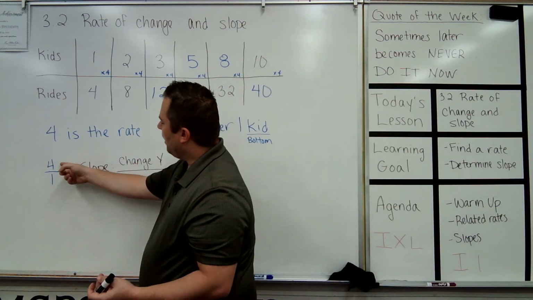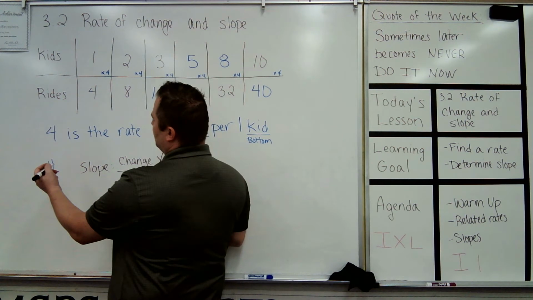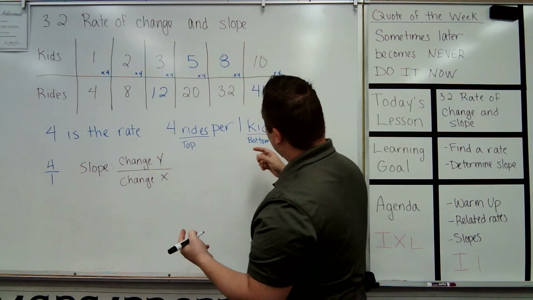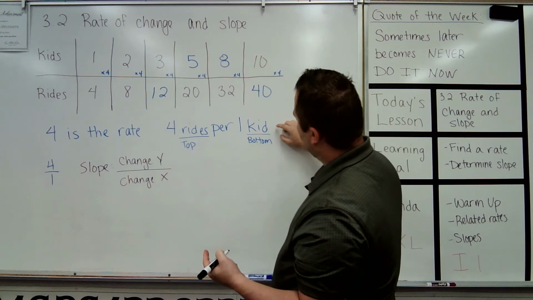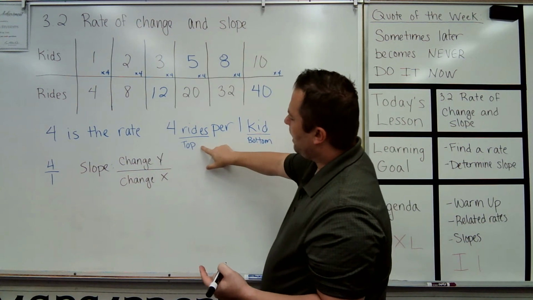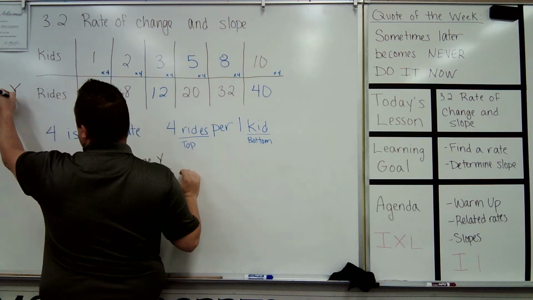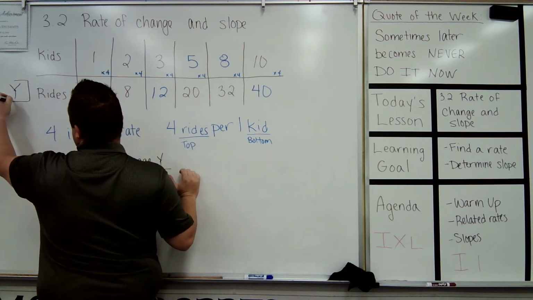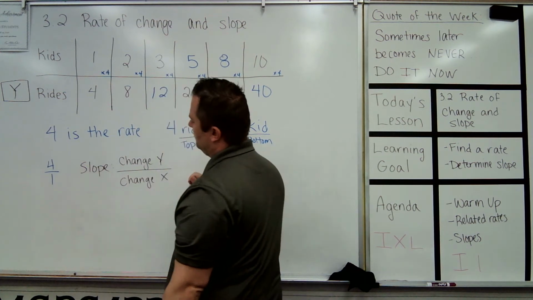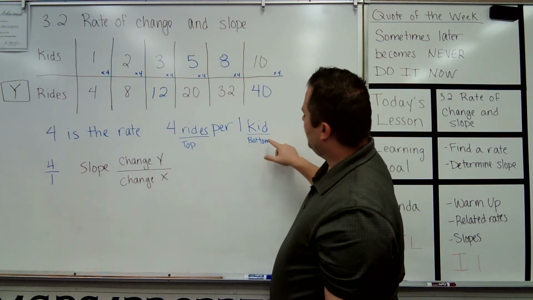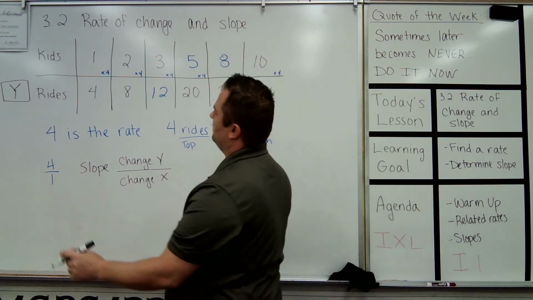The things on top, these 4s, these things on top are the rides. So the rides are my y's. The thing on bottom, which are the kids, are my x's.